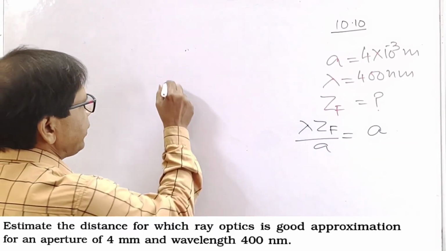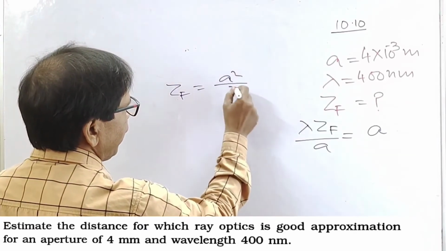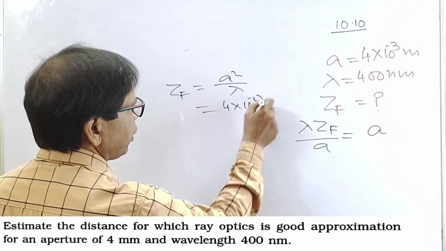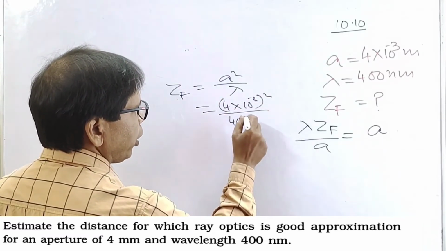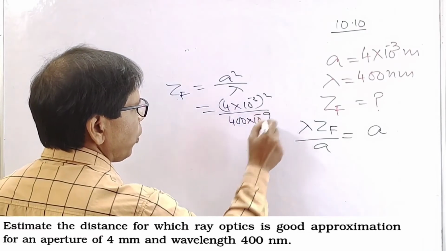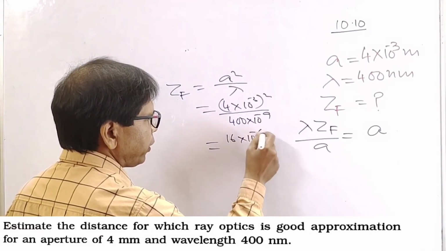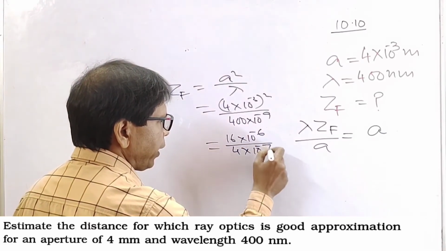Therefore Z_F equals a square by lambda. Here a equals 4 into 10 to the power minus 3 whole square, and lambda is 500 nanometer, that is 10 to the power minus 9. So 16 into 10 to the power minus 6 divided by 4 into 10 to the power minus 7.